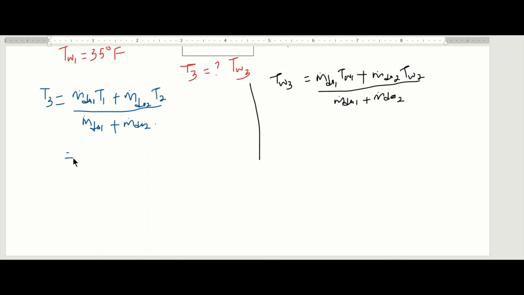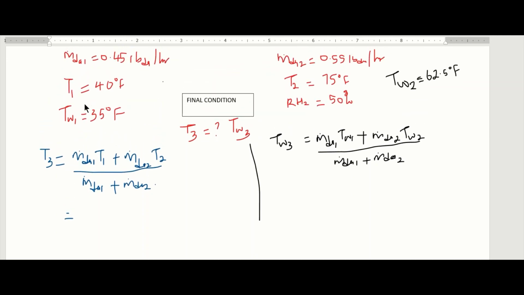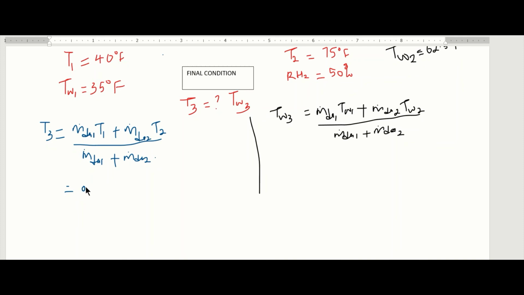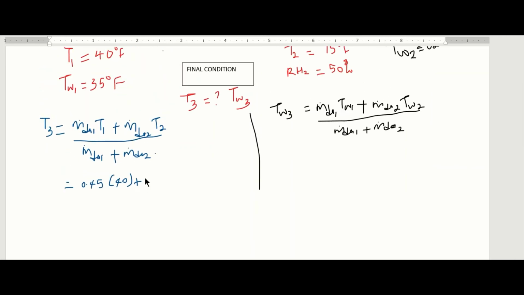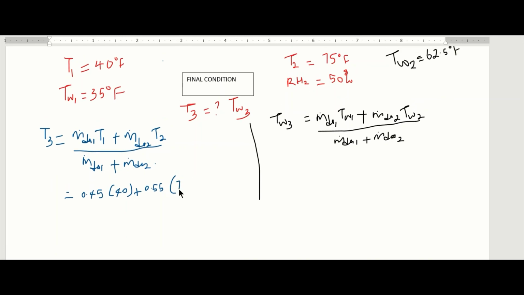We have mass flow rate at state 1, 0.45, times my T1, my dry bulb 1, which is 40, plus the mass flow rate at state 2, 0.55, times my dry bulb at state 2, which is 75, over mass flow rate at state 1, 0.45, plus the mass flow rate at state 2, 0.55.